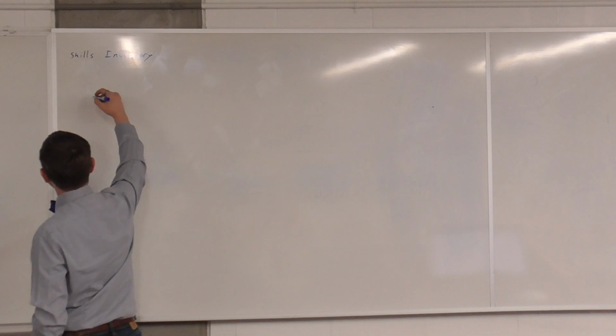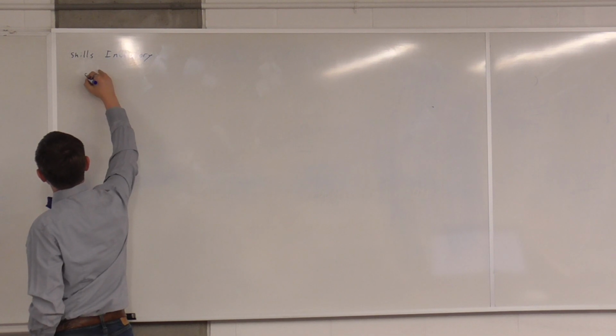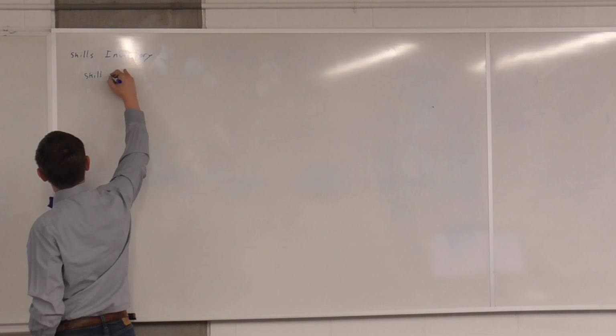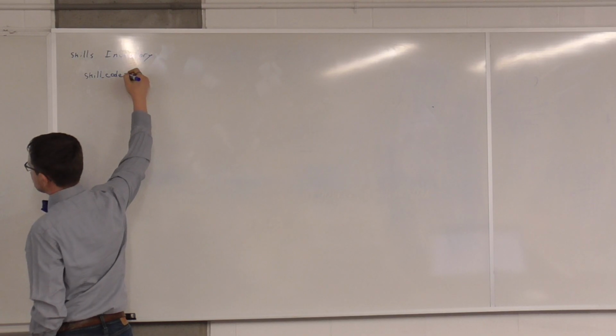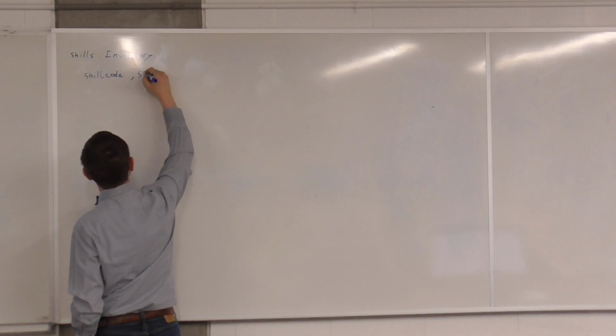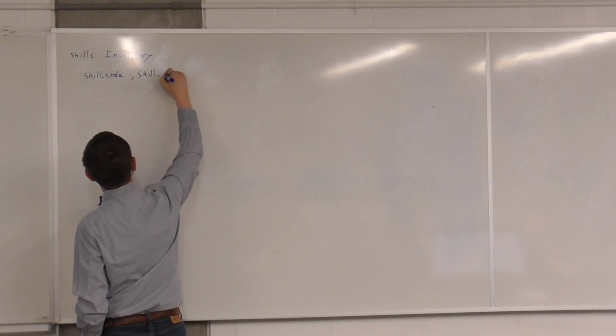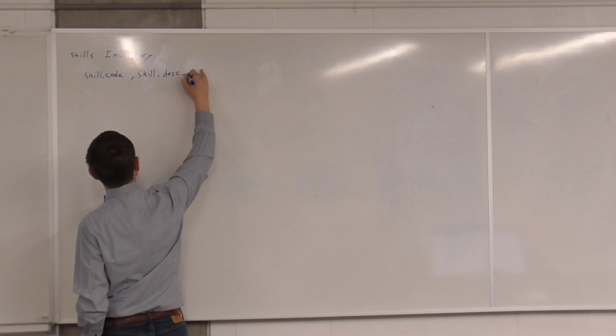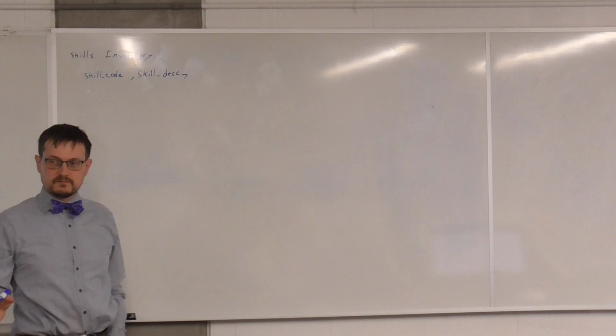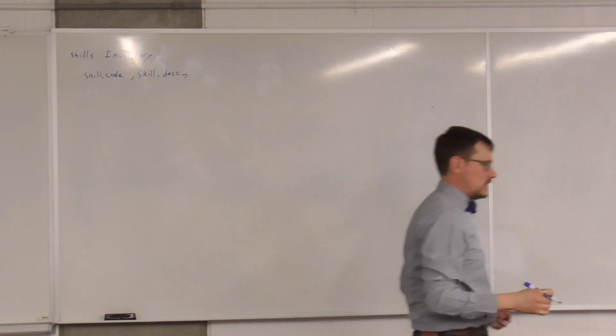Skill code. Very good. So we've got skill code. What else? Skill description. I'm going to abbreviate some of these. By the way, on the final exam, if any of these are long, I am very happy for you to use reasonable abbreviations. If you write less, I have to read less, right?